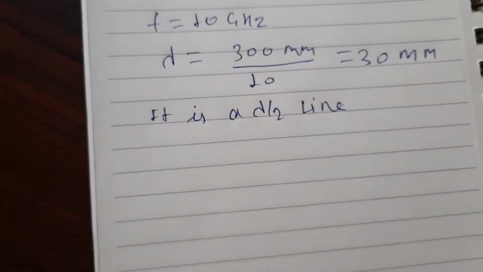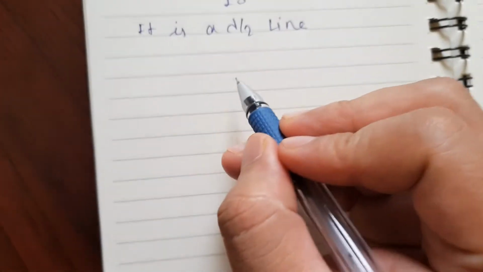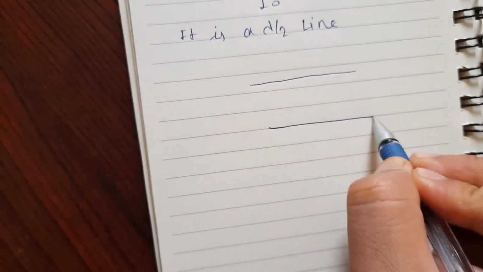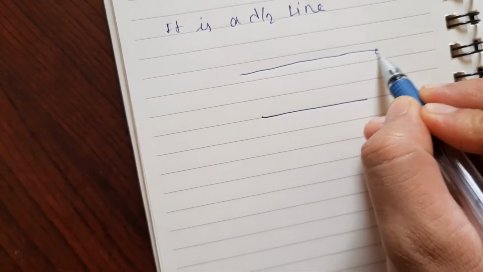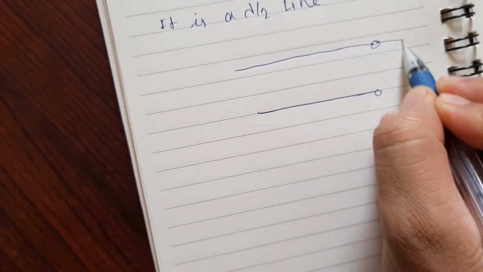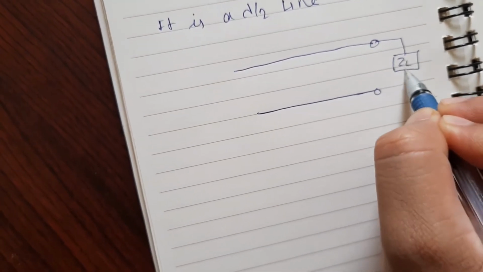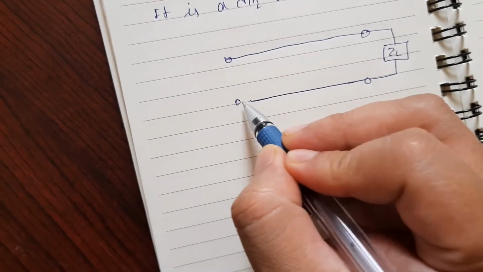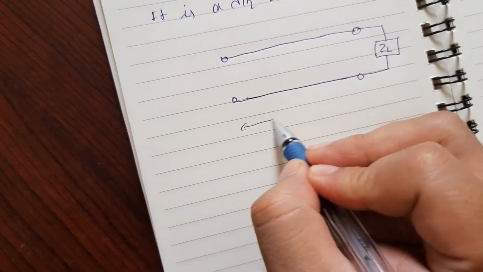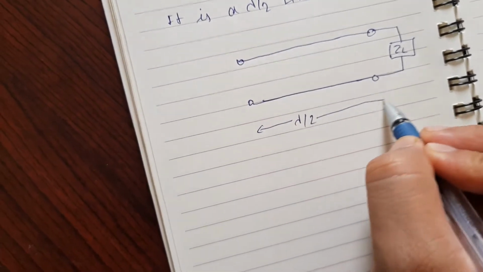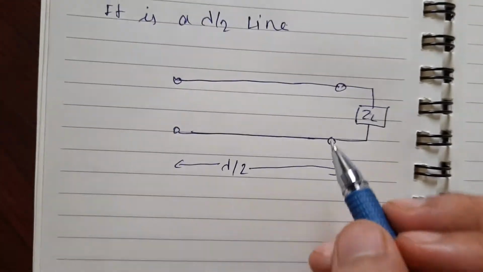For the next, what we'll do now, let's draw the line. So this length is lambda by 2, right?